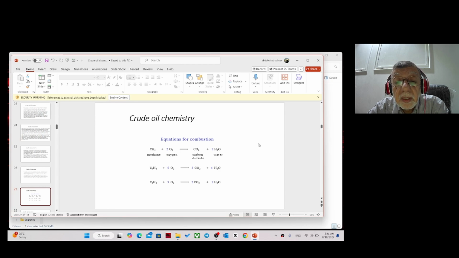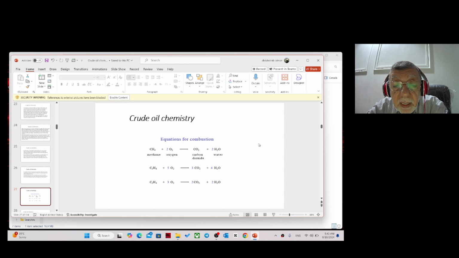So for the easiest molecule of hydrocarbon, CH4 methane, when it reacts with oxygen, it needs two oxygen molecules to produce CO2, carbon dioxide, and water, and also gives heat. If we take 3 carbon atoms, that is propane, 3 carbon atoms with 8 hydrogen atoms, it needs 5 molecules of oxygen to produce 3 molecules of carbon dioxide and 4 molecules of water, and also heat.